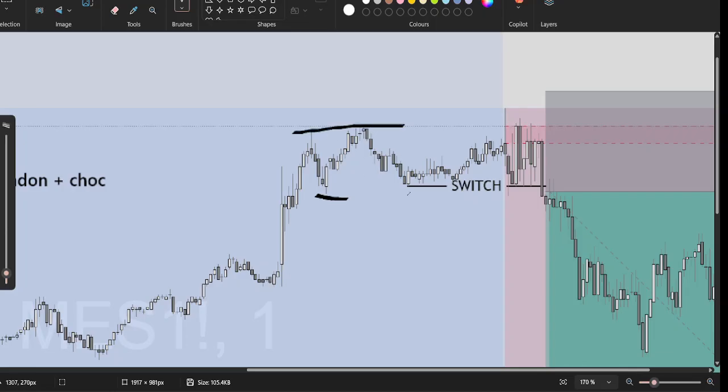And now we come to this place, and we go ultimately not lower, but we go higher. But we do not close higher, so reject. And now we need a close below this. That's why switch. Close below with this bar here.